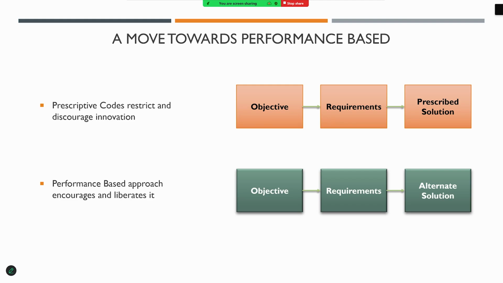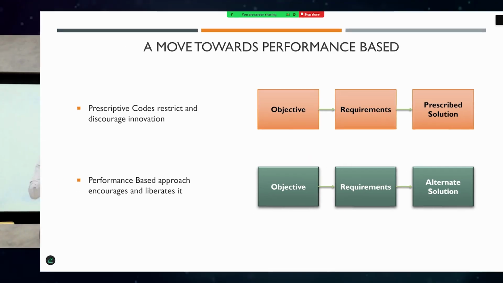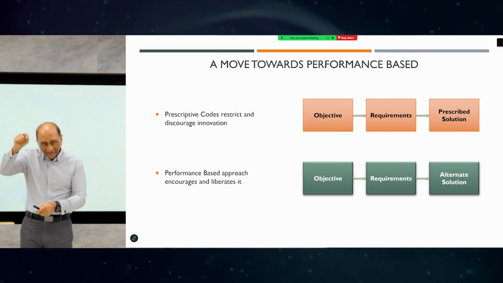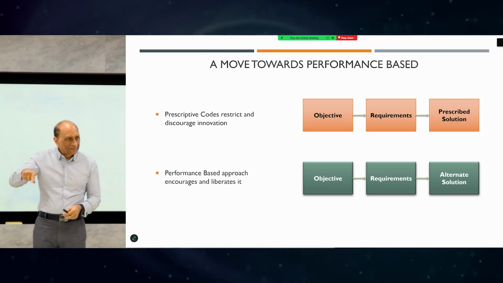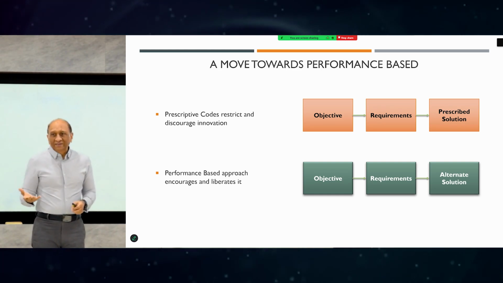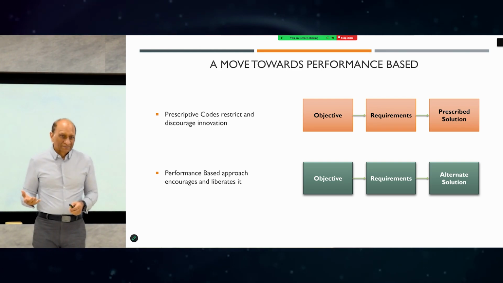So in the code-based approach, you have objectives, requirements, and solutions all given to you. The document tells you what you must do, which load you should apply, which analysis you should do, what design you should do, what procedure you should follow. And tick, tick, check, and you're done. But still at the end, you don't know if it will work or not.